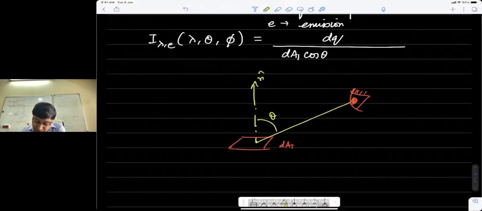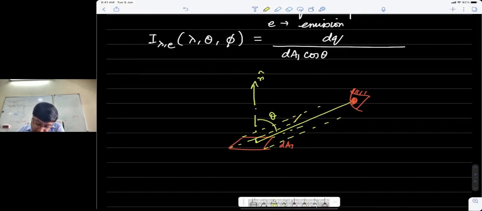So now what I'm going to see from this direction is, if I look at just the edges of this area, what I would see will be this area. So here, here, here, here.